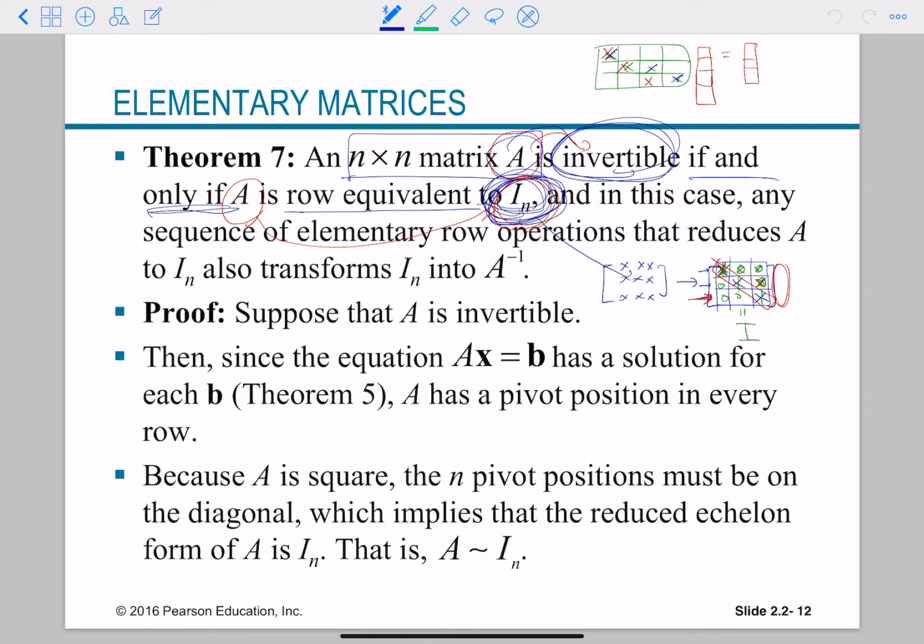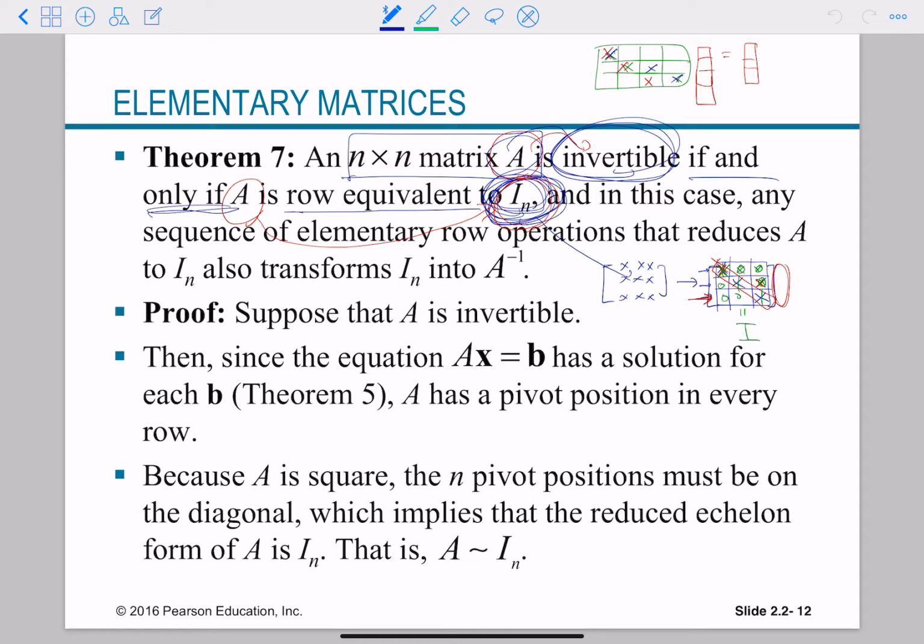The main point of this theorem is that if the matrix is invertible, of course it is a square matrix, the invertibility is equivalent to having the reduced row echelon form be the identity matrix.